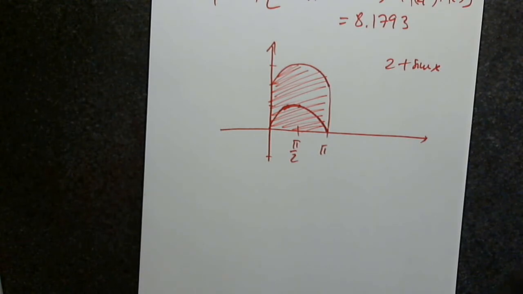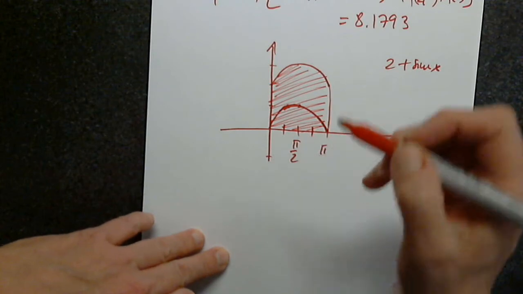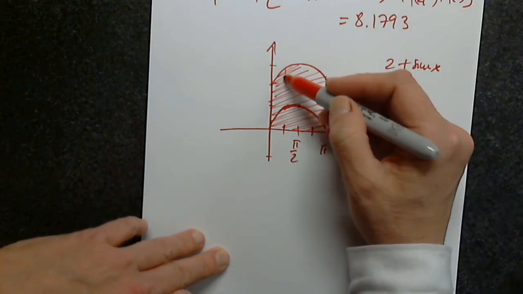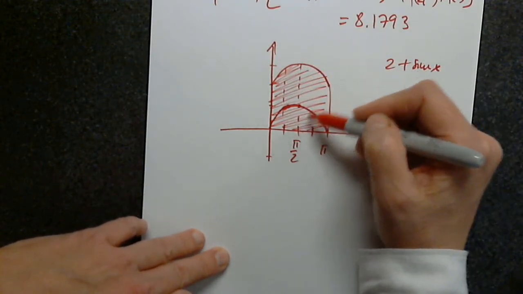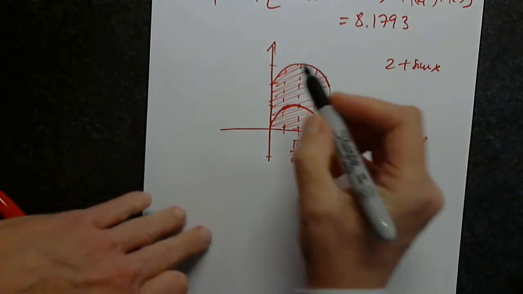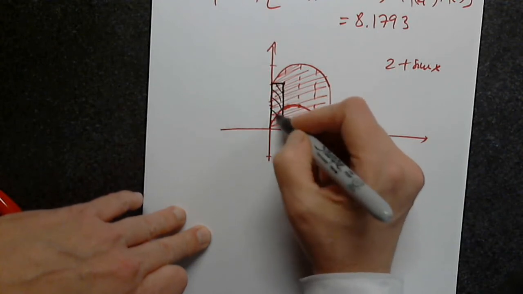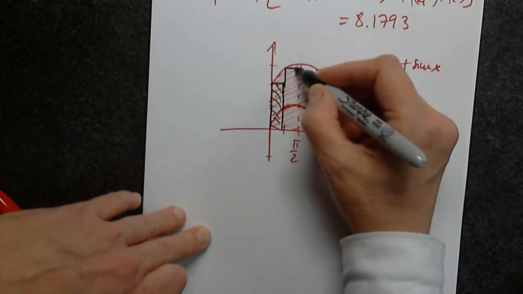Yes, it's a symmetric graph. So regardless of whether we start from the leftmost point or the rightmost point, these will be the 4 subintervals. So the leftmost point will be this, and this.